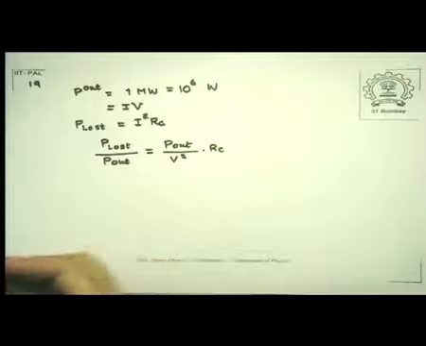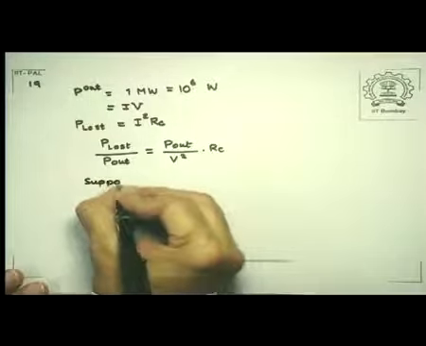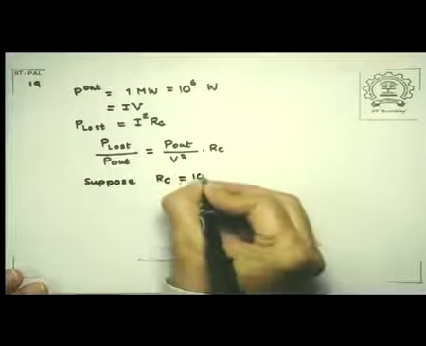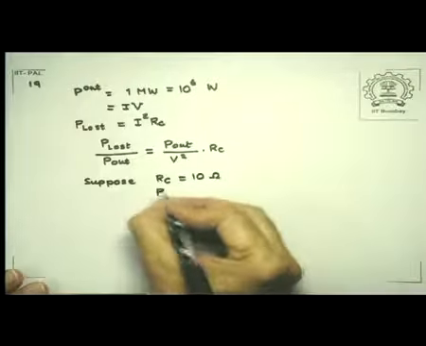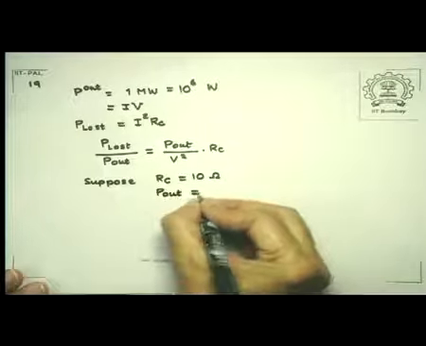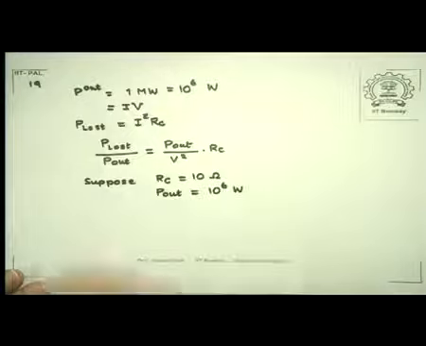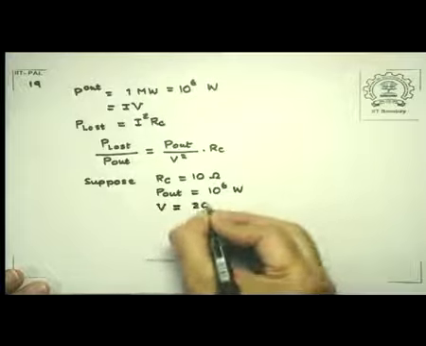Now let me take some numbers. Suppose my RC is taken to be small. Let me take it as some 10 ohms. And I have seen that my P out, the power output, was 10 to the power 6 watts. Supposing power is produced at V equal to 20 kV.